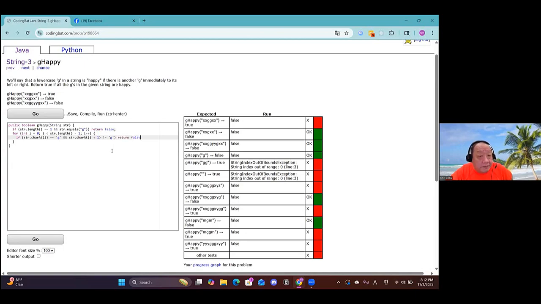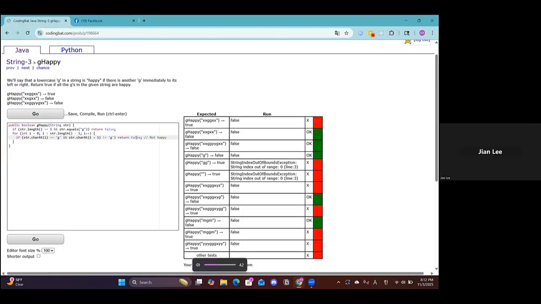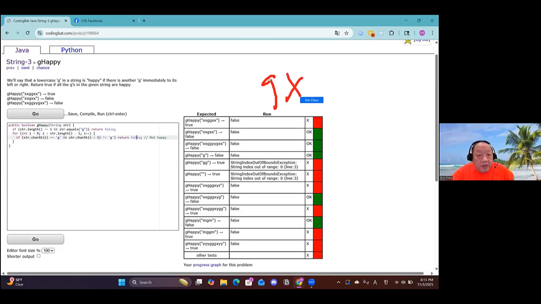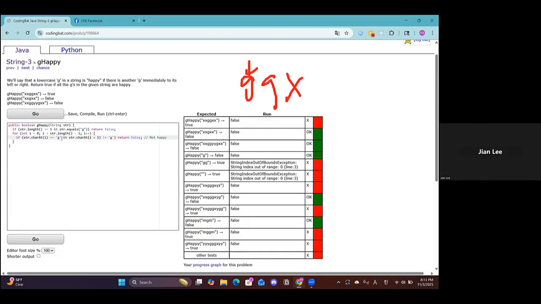You cannot return. What do you mean by that? I mean you cannot return because you have a G right here. This one has no G, but the G may have a previous G. Yeah, but wouldn't it start from the beginning?